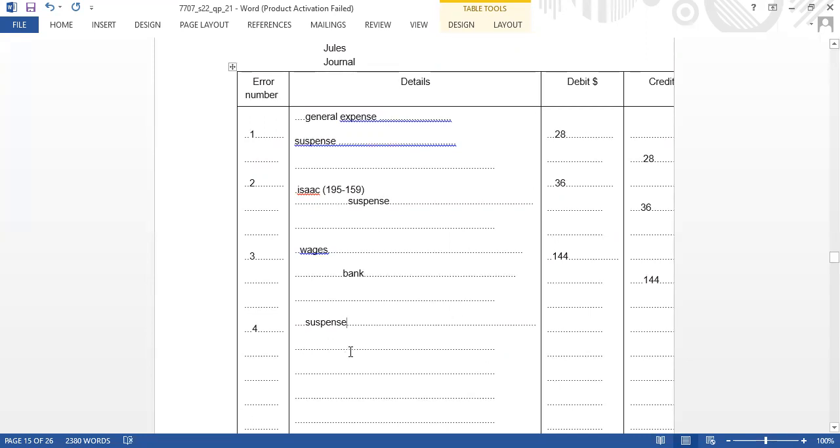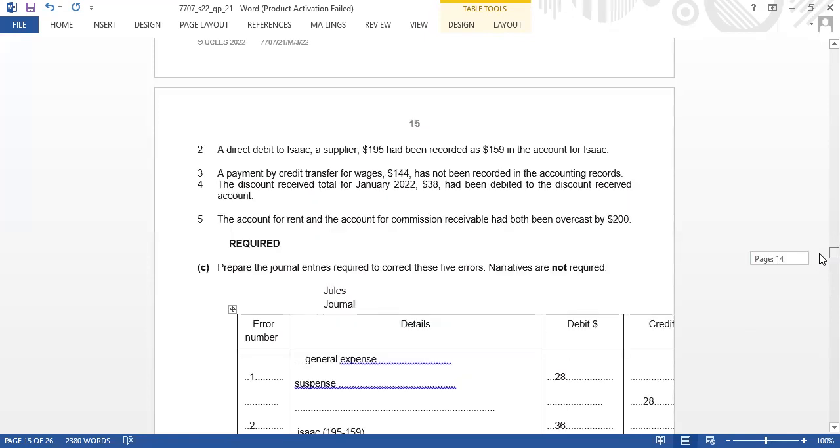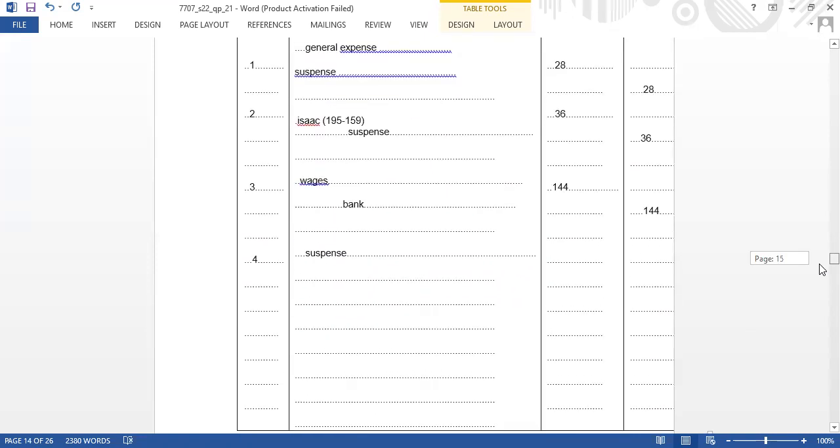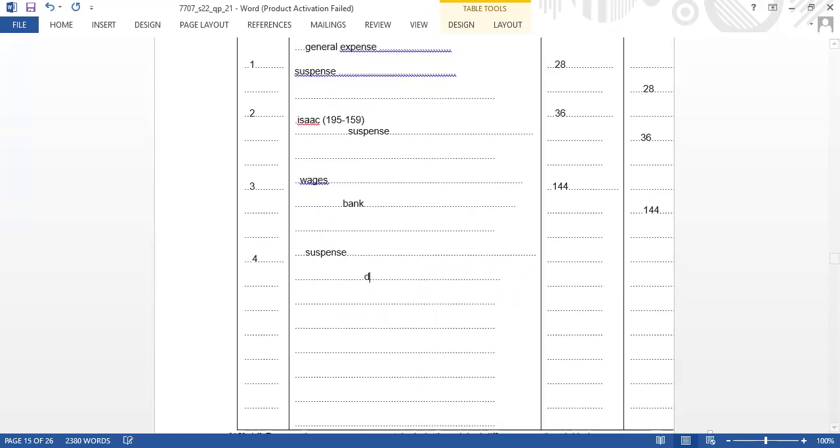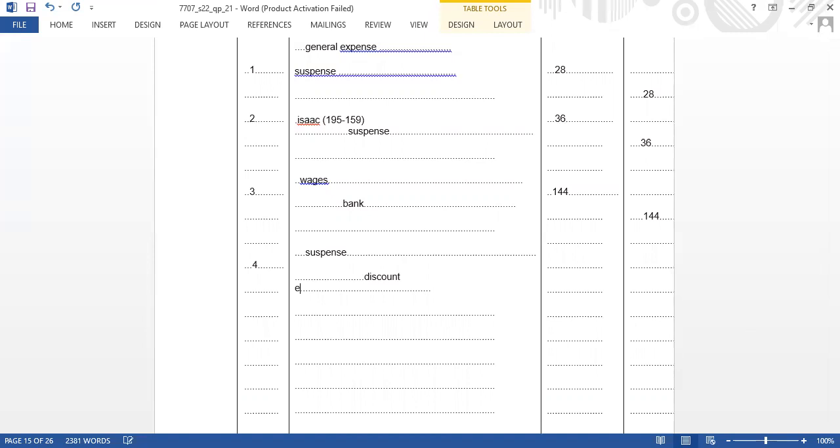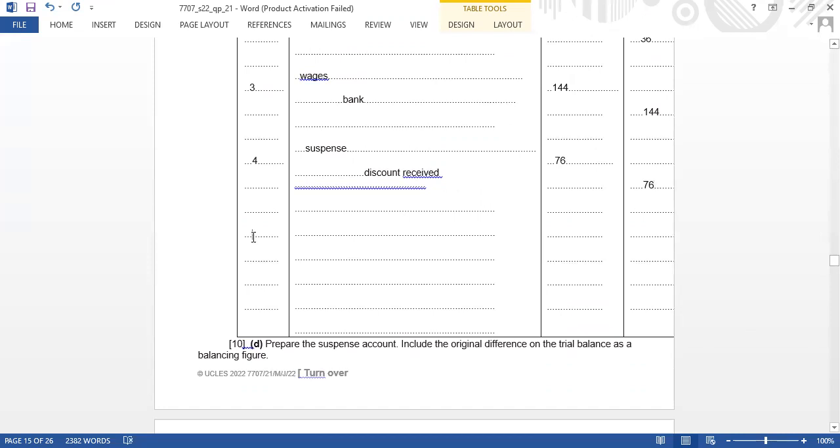Suspense. Discount received is debit. Discount received, it will be 76. This is the error of complete reversal. So we'll multiply the amount by 2.